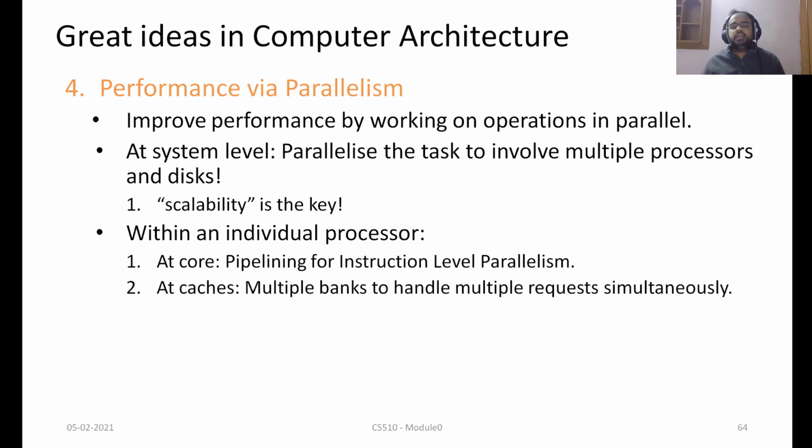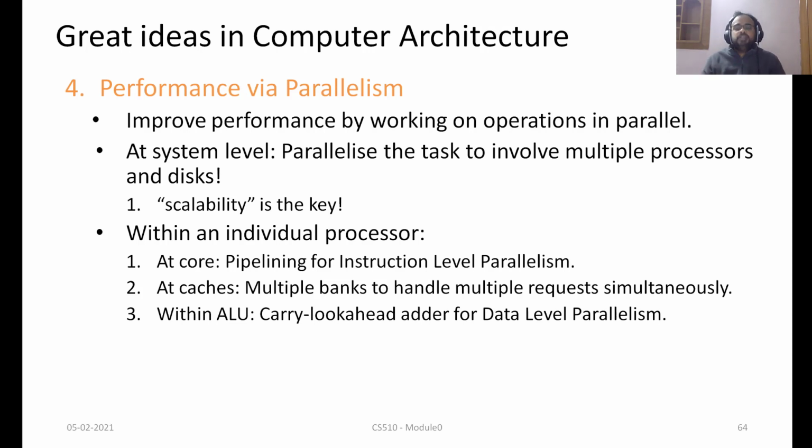At the cache level, we have multiple banks, and each bank can handle an independent request on its own, so that overall we'll get the data faster from the caches. Again, if you don't get it yet, it's okay. We are going to look at this particular technique of multiple banks in module 3.